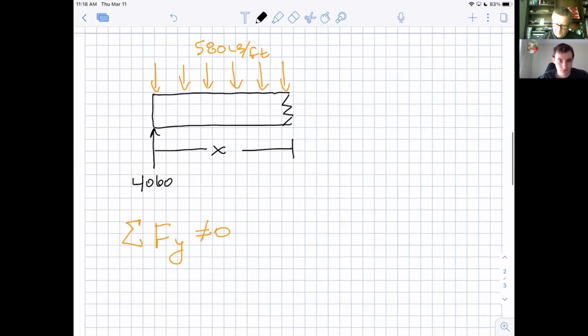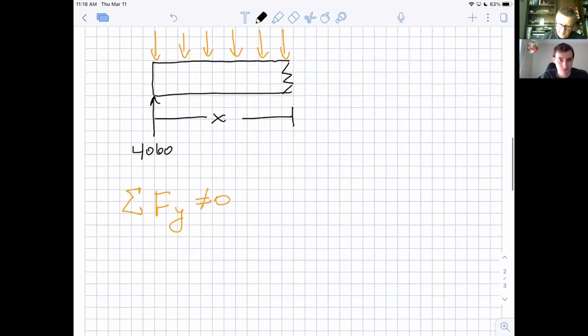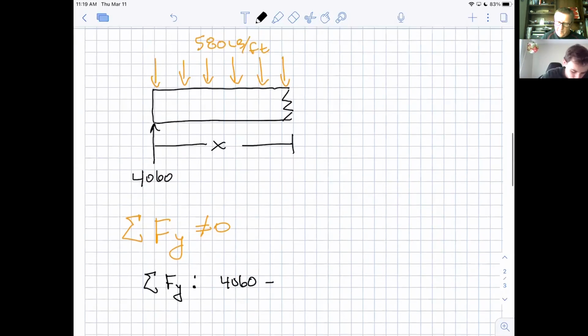Well, let's figure out the sum of the forces in Y. I certainly have 40, 60 pushing up. What do I have pushing down? Do you agree that I don't have as much as I used to have? How do I figure out what that is? Temporarily, let's actually go back here and put a number in here.